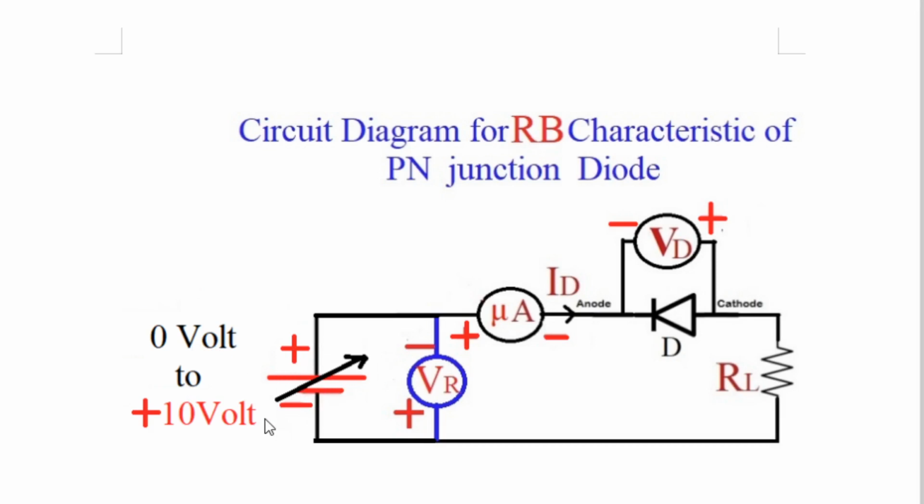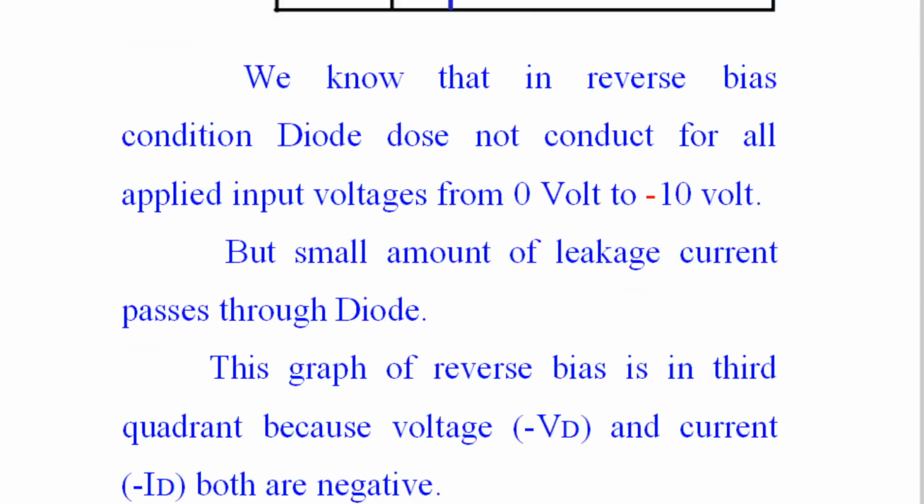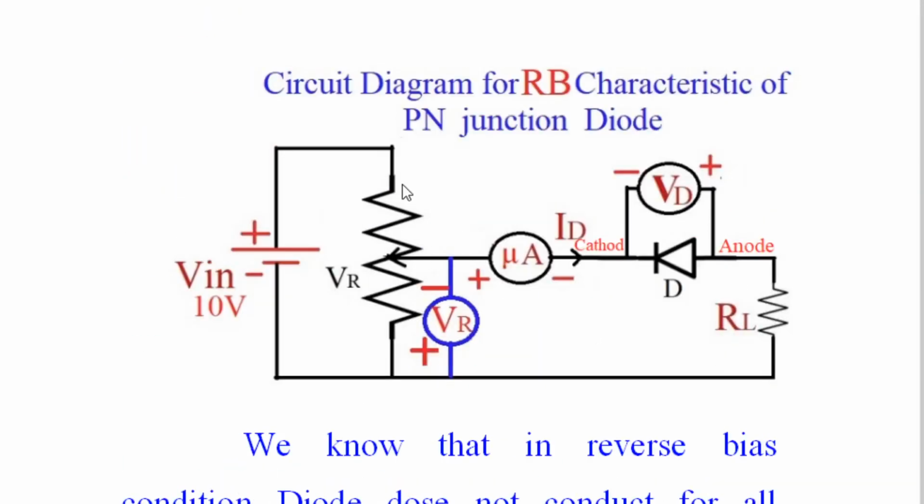Why is it varying from 0 to 10 volt, and why was it replaced? Because earlier we used a variable resistor here, which was converting a fixed 10 volt into 0 to minus 10 volt. Here it is a reverse bias and we are measuring the voltage in the reverse direction, that's why it is measured in minus.